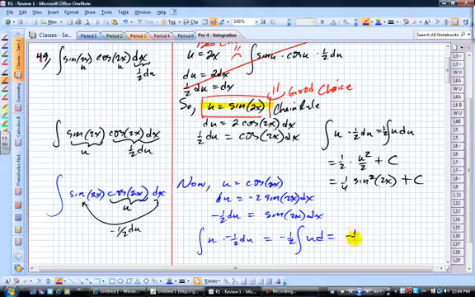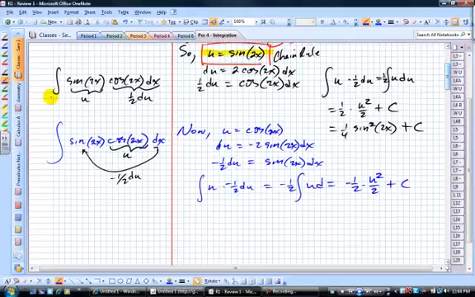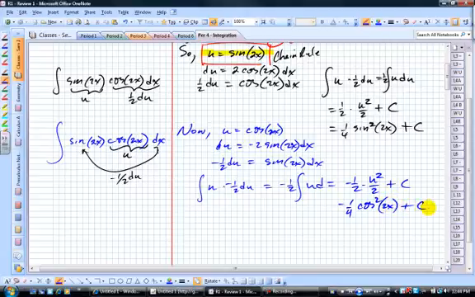Okay, integrate, I get negative 1/2 times u squared divided by 2 plus c. And then I bring that in, simplify a little bit. I get negative 1/4 now times cosine squared of 2x plus c.